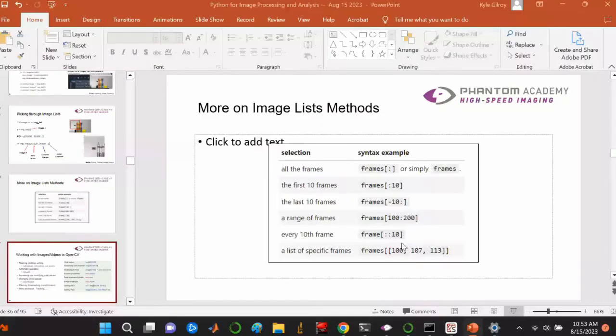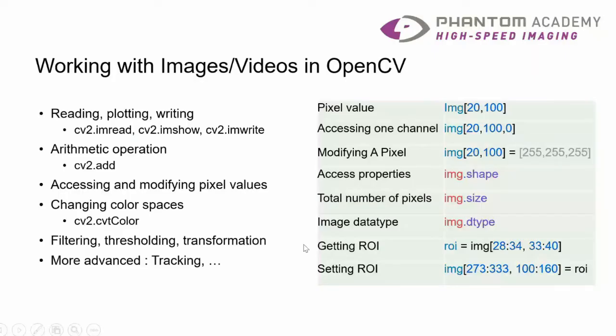You can do more arithmetic operations on the images. Also, as you saw, you can access and modify the pixel values. You can also change the color spaces using cvtColor, or you can do more mathematical operations like filtering, thresholding, transformation, or other things.